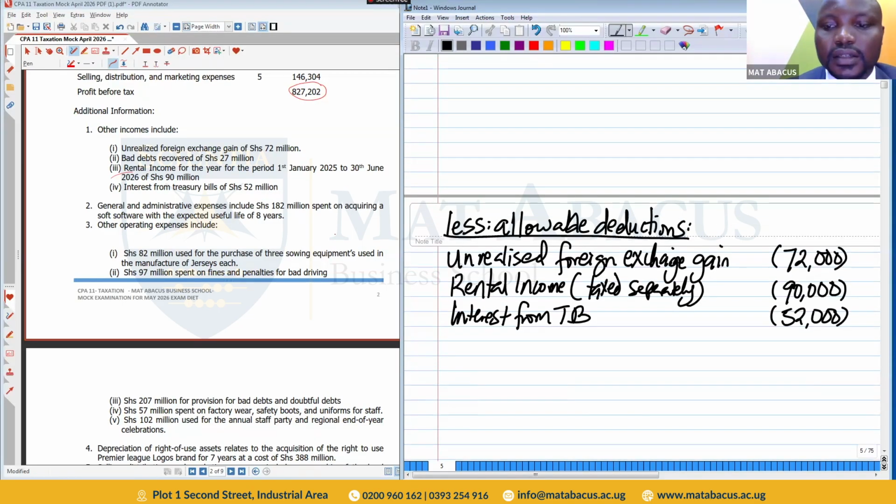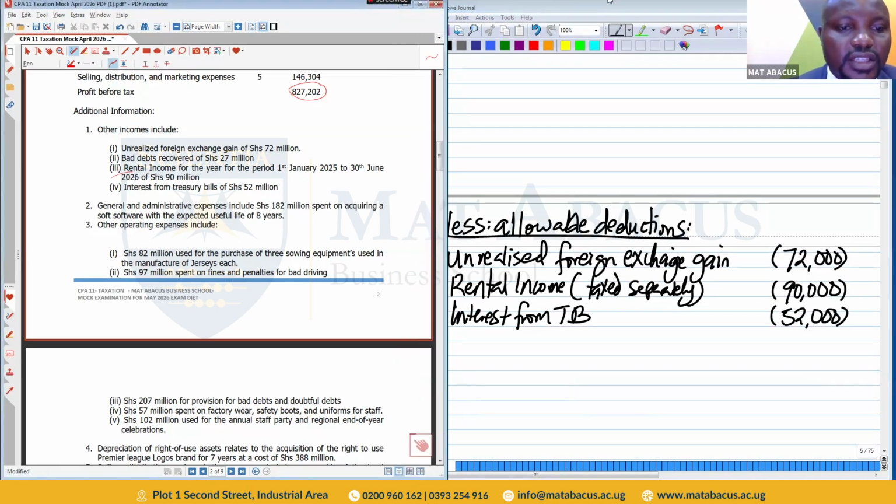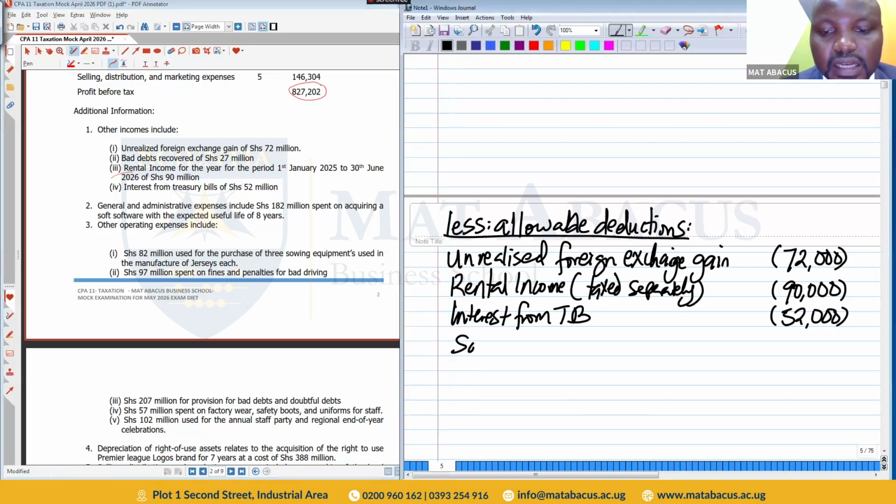Then you have general and administrative expenses include 182 million spent on acquiring a software with expected useful life of 8 years. So first, we need to allow the amortization of the software.